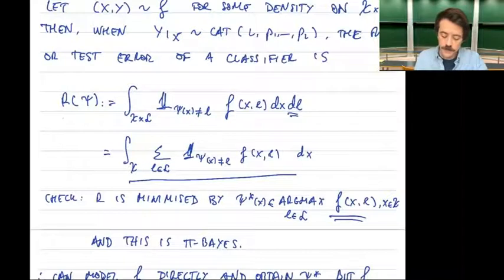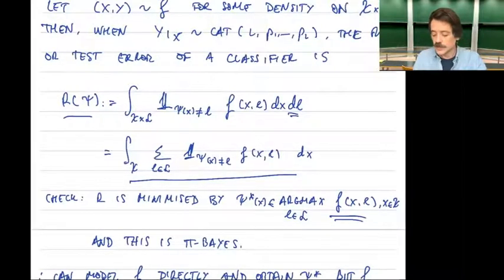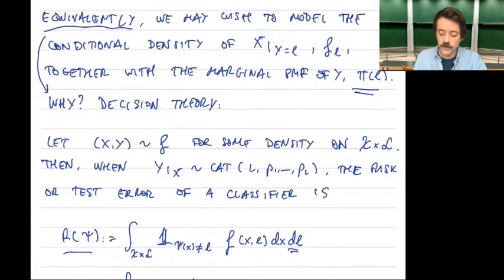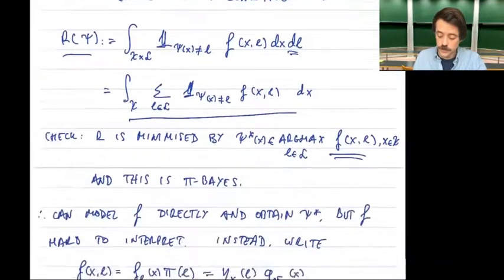But the notes have a slightly lengthier discussion because there is a way to view this classification risk as the quadratic risk, given the second view of the labels that I introduced above.